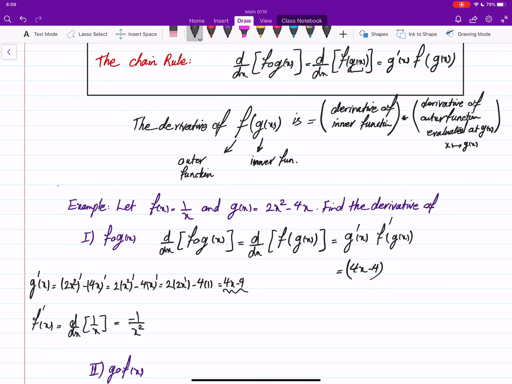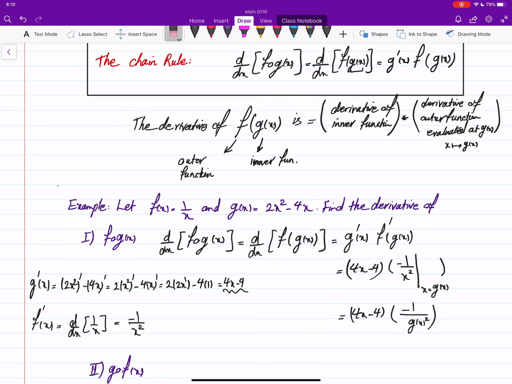It means that, let me write it step by step, we have the derivative, but instead of x, we want to put g(x) there. And this means I have 4x minus 4 times negative 1 over g(x) squared.